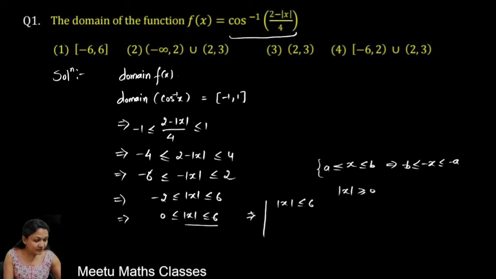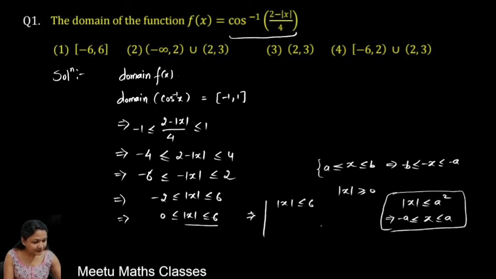And there is a formula that |x| less than or equal to a implies that x is lying between minus a to a. Using this we can write x is lying between minus root 6 to root 6.